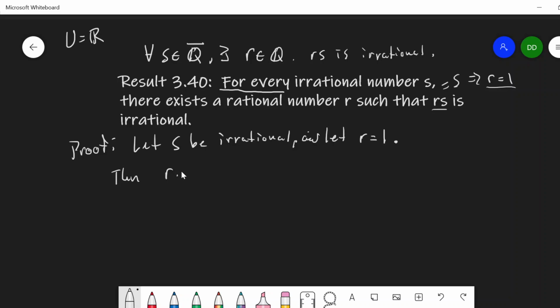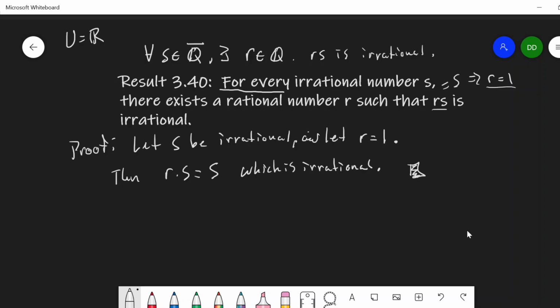Then R times S is equal to just S, since R is 1, which is irrational. And that proves it. So no matter what irrational number you give me, I can find a rational number such that their product is irrational.